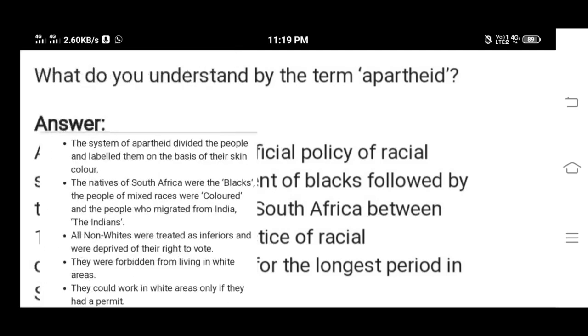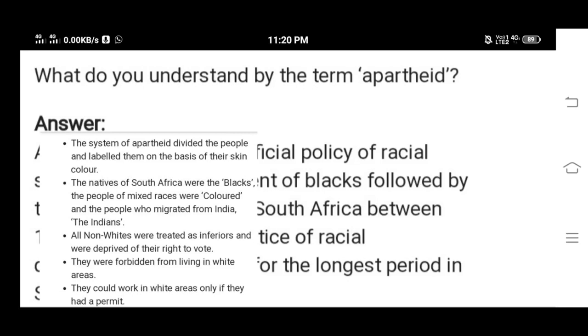और ये जो apartheid system है, it divided the people on the basis of their skin. Now, जो Europeans थे, they were white people, और जो नेटिव अफ्रीकन्स थे, they were blacks, और दूसरा एक ग्रुप वहां पे था, they were known as colored.